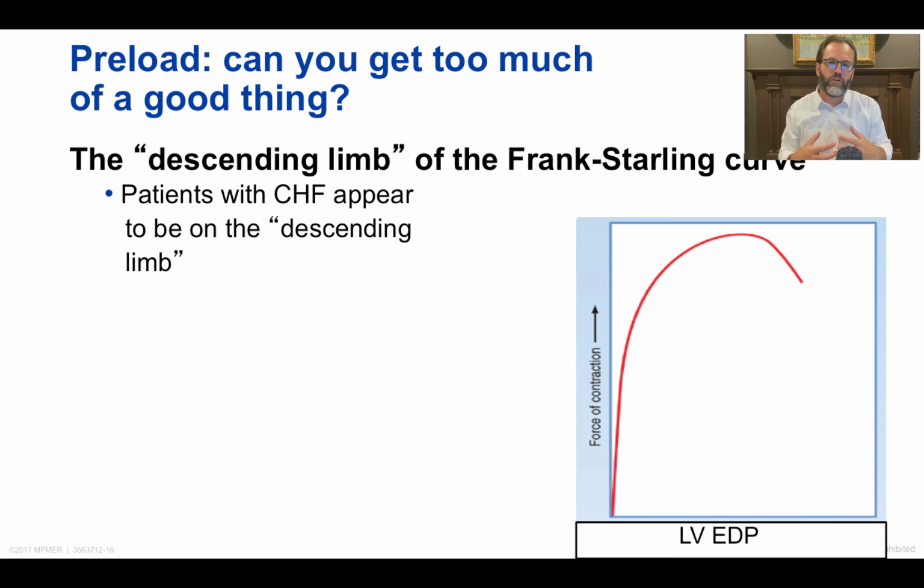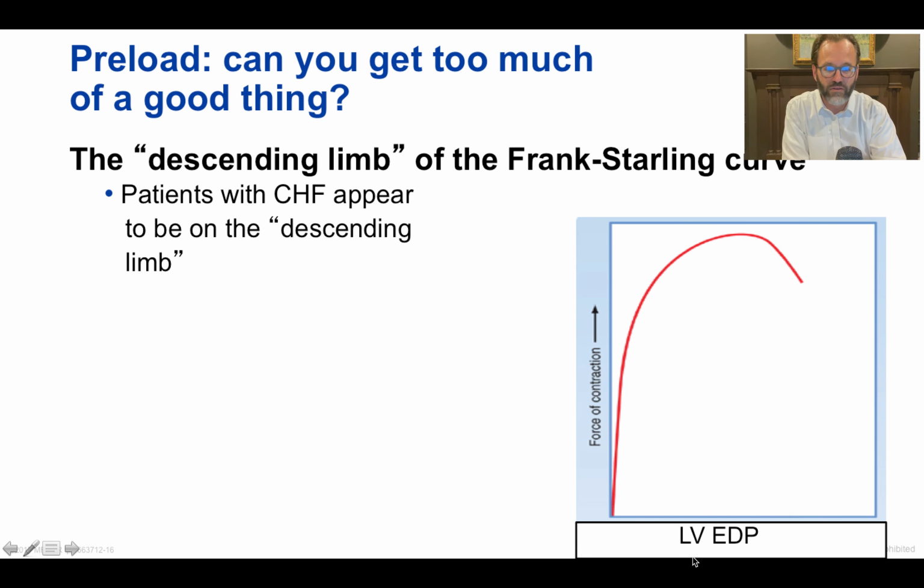Because patients with heart failure, generally if they've had an infarction, have a very large dilated ventricle. But despite the fact that it is very dilated, they also have a very low stroke volume and a relatively low cardiac output. And so the argument was that they were functioning on this descending limb of the Frank-Starling relationship.